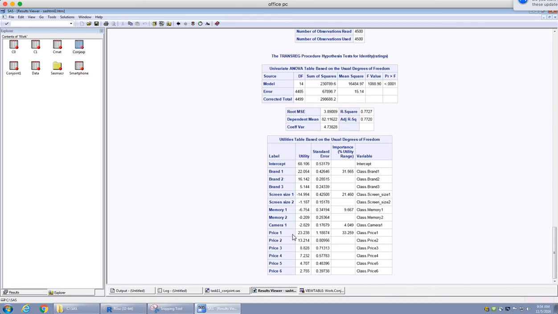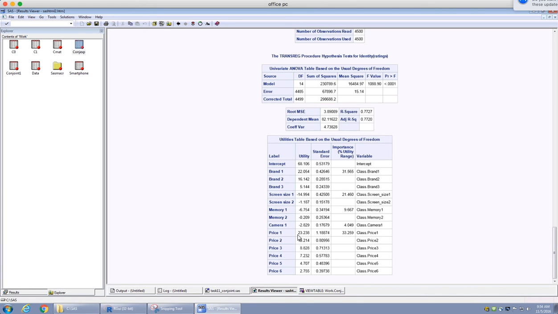And if you compare the prices, if you remember, price 1 was $299, price 2 was $399, and so on, all the way up to price 7, which was $899. And obviously, the higher the price, the less preference you have, so you probably see a positive value here.